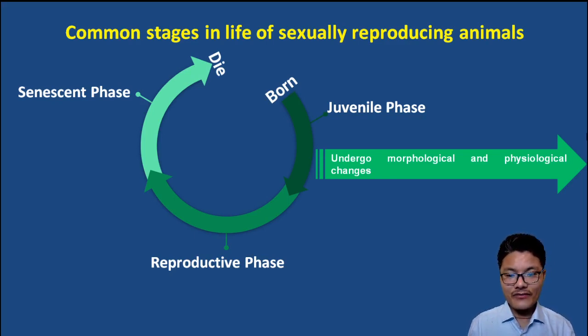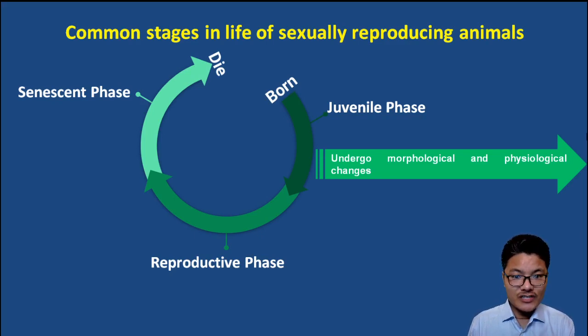These are the three different phases in the life of a sexually reproducing organism, and the external environment does have some influence. The external environment affects these changes. Along with that, hormones inside the body. We have talked about physiological changes.